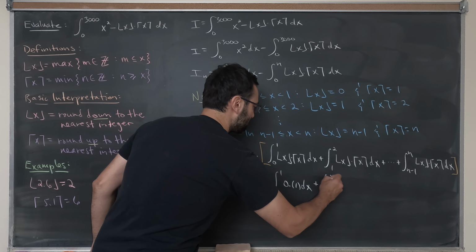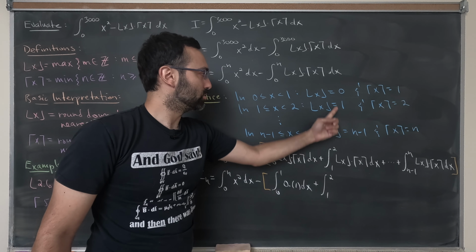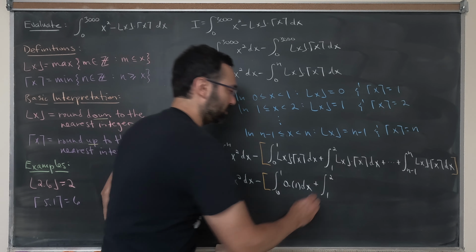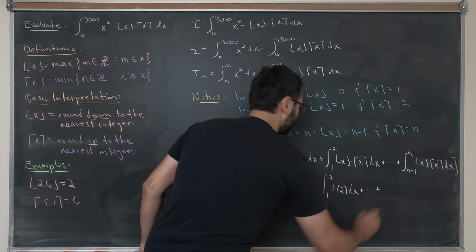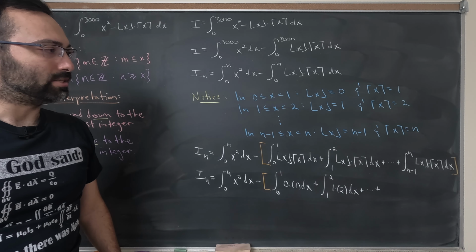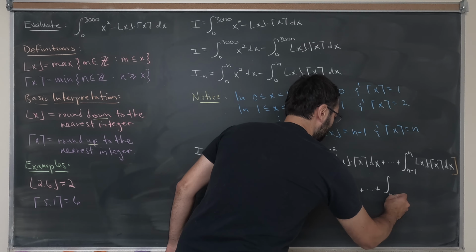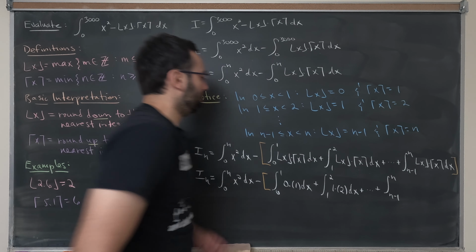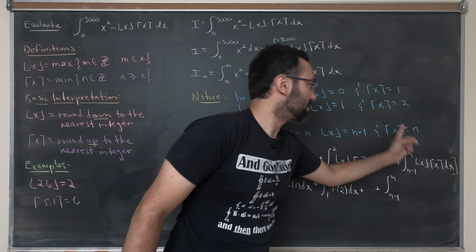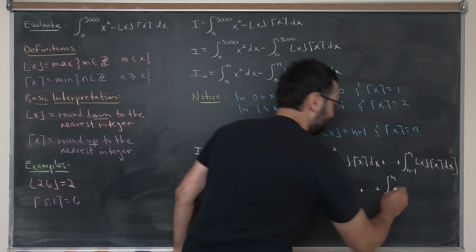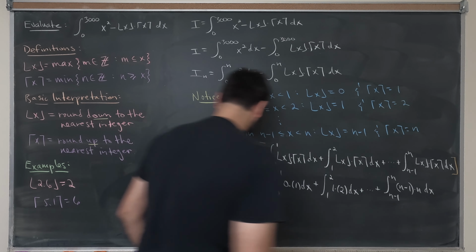Plus, how about in the interval from 1 to 2? Well, from 1 to 2, the floor of x is 1, the ceiling of x is 2. So we have 1 times 2 dx. And when we finally get all the way to our integral from n minus 1 to n, the floor of x is n minus 1 and the ceiling of x is n. So we have n minus 1 times n dx.